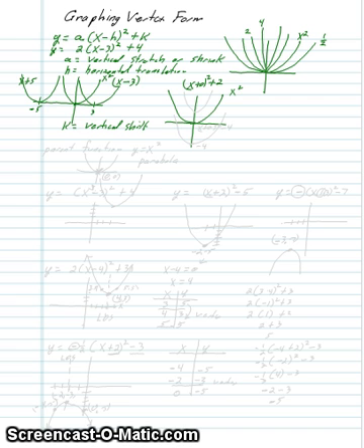We're only going to change the k, so that would move the vertex up like this. Now if we have x plus 0 squared minus 4, that would move the vertex down. So that point right there would now be negative 4.